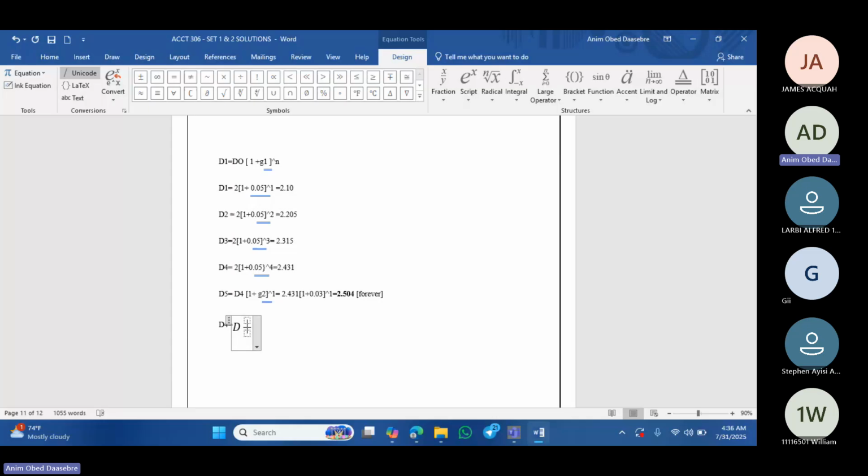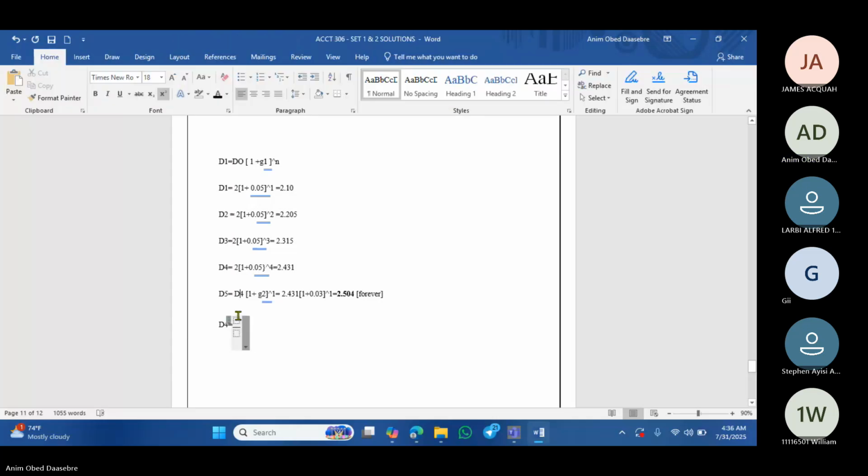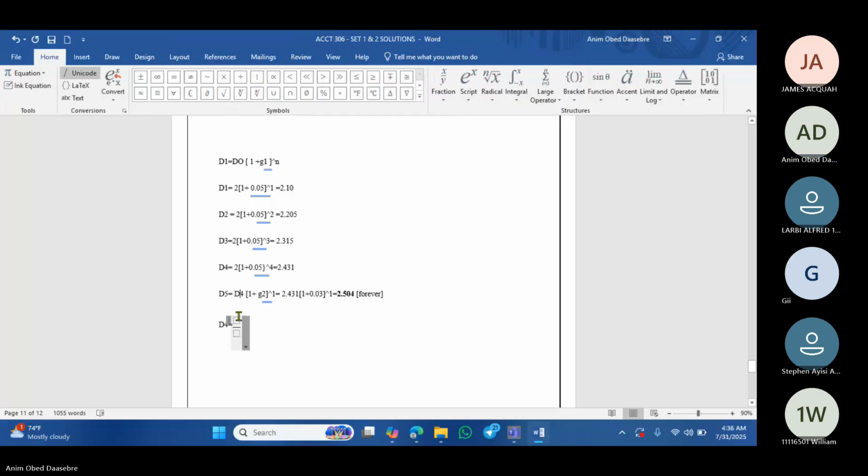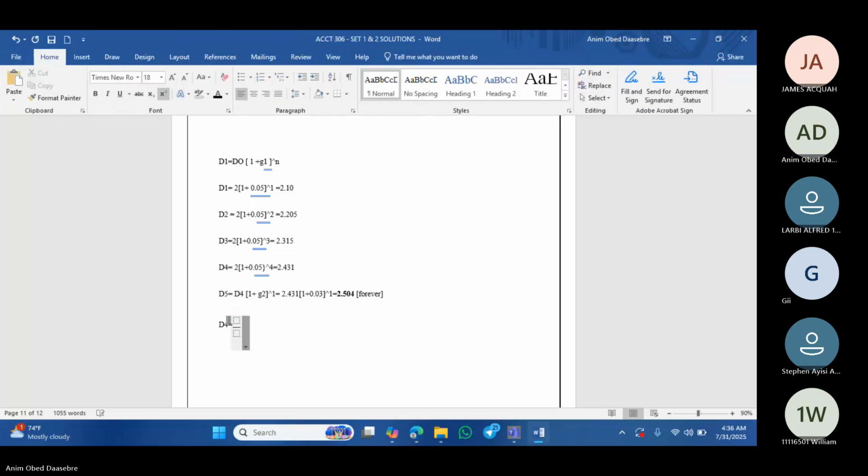So D5 over R minus g2. D5 is what? 2.504.